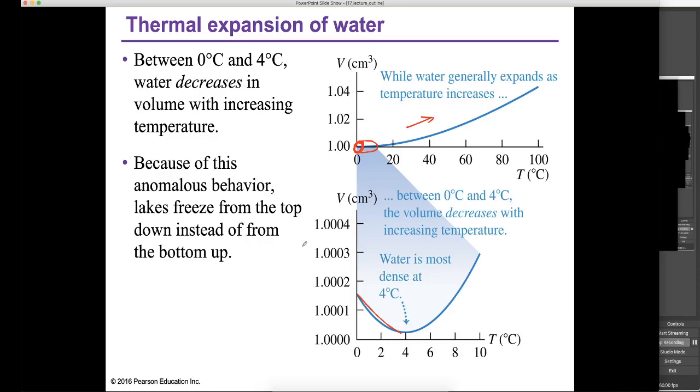Because when the temperature is getting lower and lower, the volume of water needs to be increased. So the easiest part to increase volume of a lake is the top water. So the top water is easy to increase in size. So that's why lakes freeze from the top, because their volume is easy to be increased at the top.